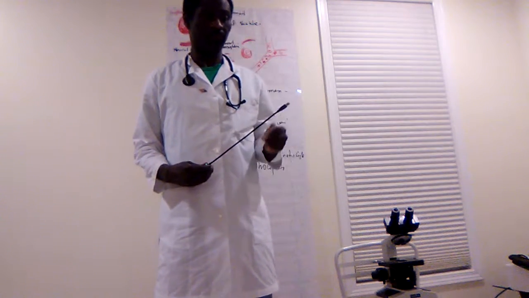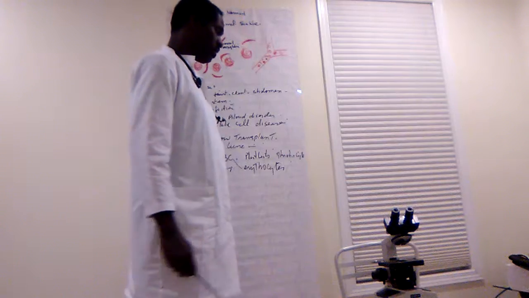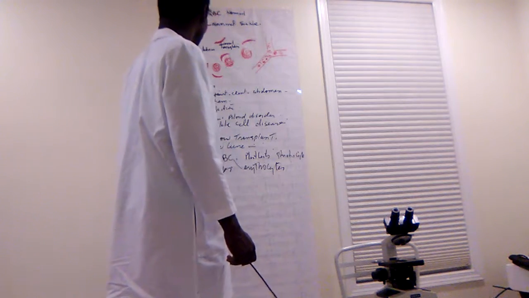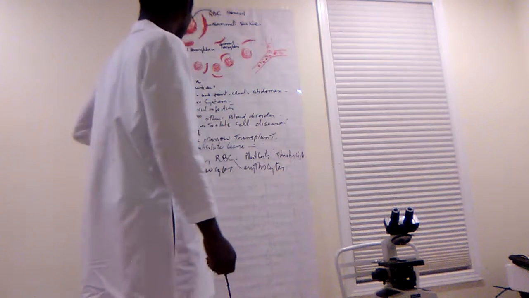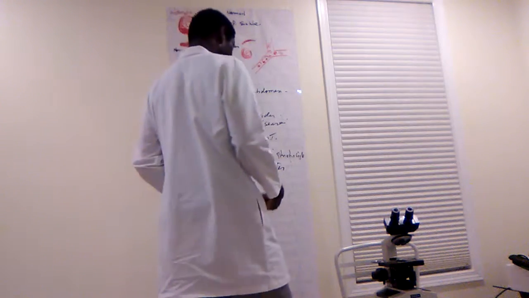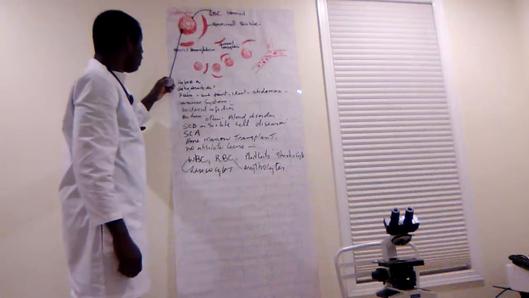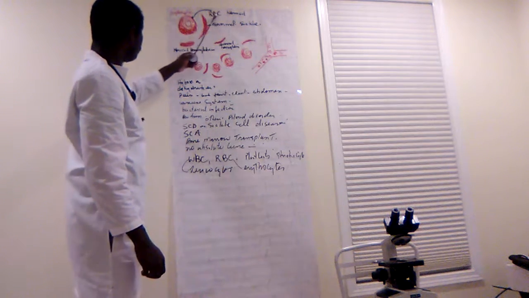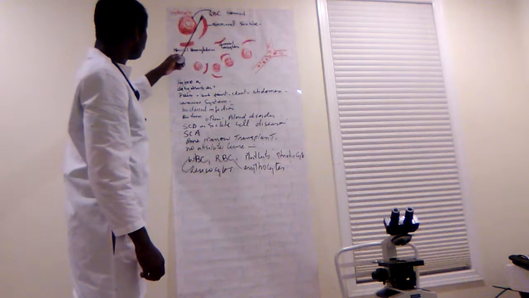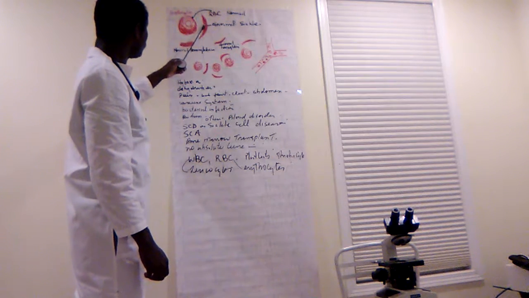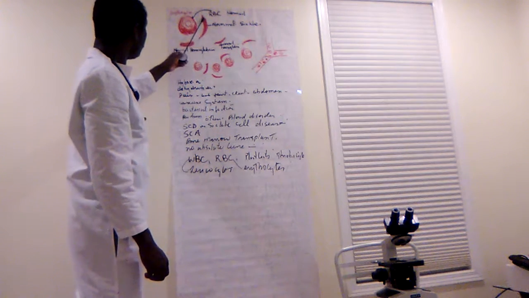And we're giving you a brief video on sickle cell anemia, which is a major part of sickle cell disease. Now, in sickle cell anemia, the red blood cells, RBC, take on a sickle shape or crescent shape.